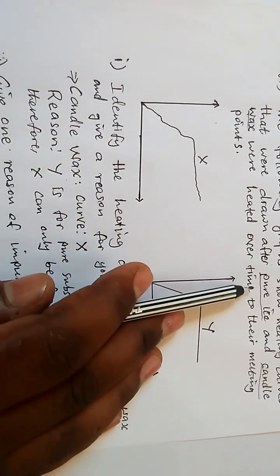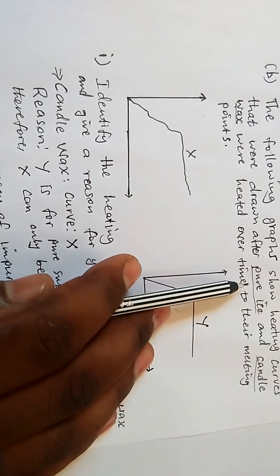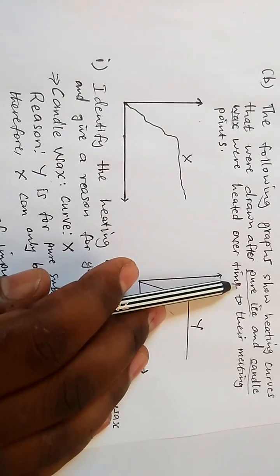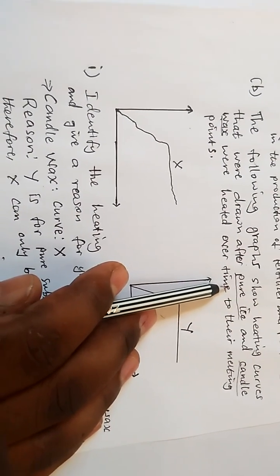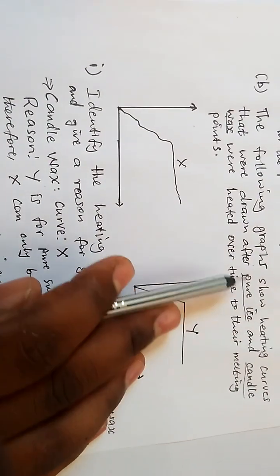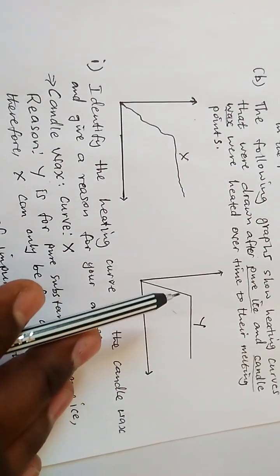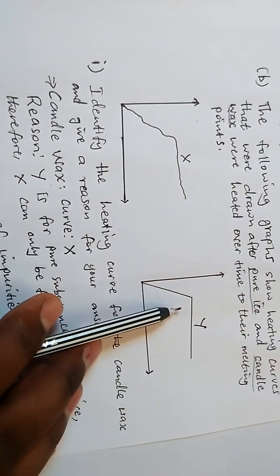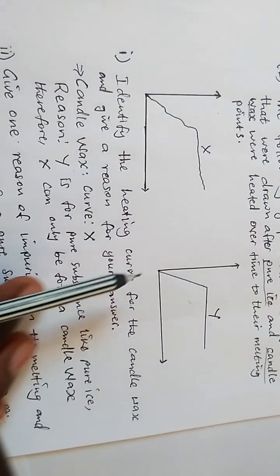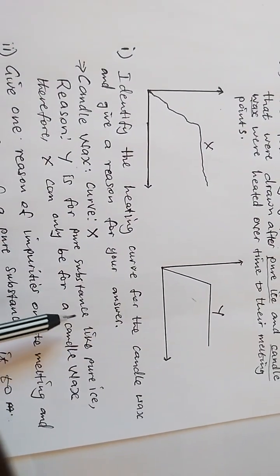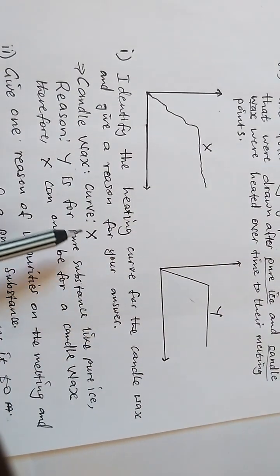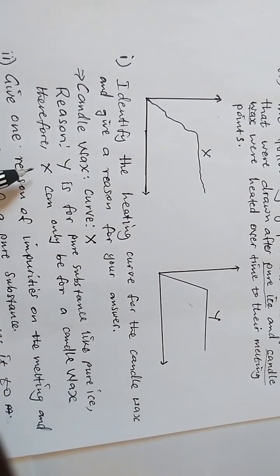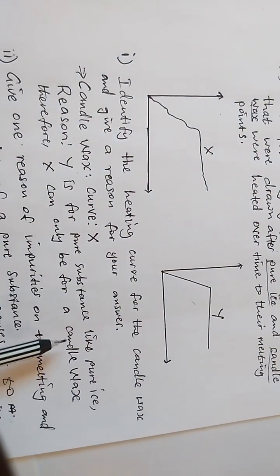Pure ice is the only pure substance we have in this question, because there are only two substances here, the pure ice and the candle wax. Y is for pure substances like pure ice. Therefore, X can only be for a candle wax.